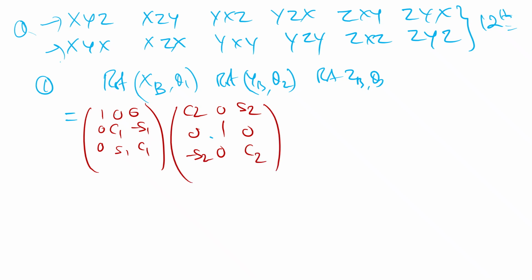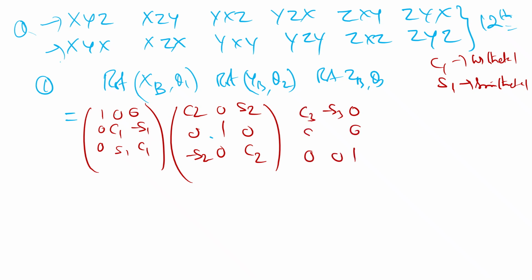C1 is cos theta 1, S1 is sin theta 1, like that. Next one is Z: 0, 0, 1, 0, 0, cos 3, minus sin 3 and cos 3. Let's multiply this.